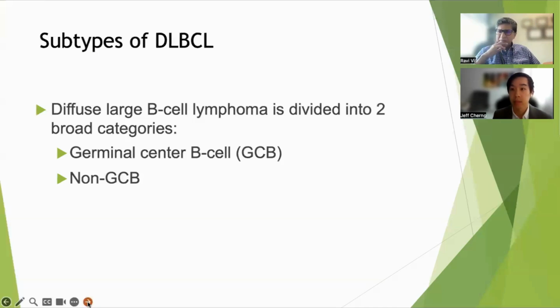So it seems like there were attempts made in the past to treat these patients differently with drugs, but some of these trials unfortunately did not show that treating them in a different manner was going to help the non-GCB subtype, it seems like. Yeah, that's exactly correct. Ever since R-CHOP became the standard of care for newly diagnosed DLBCL, the field has been trying to iterate on that paradigm by adding additional novel agents, the R-CHOP plus X approach.